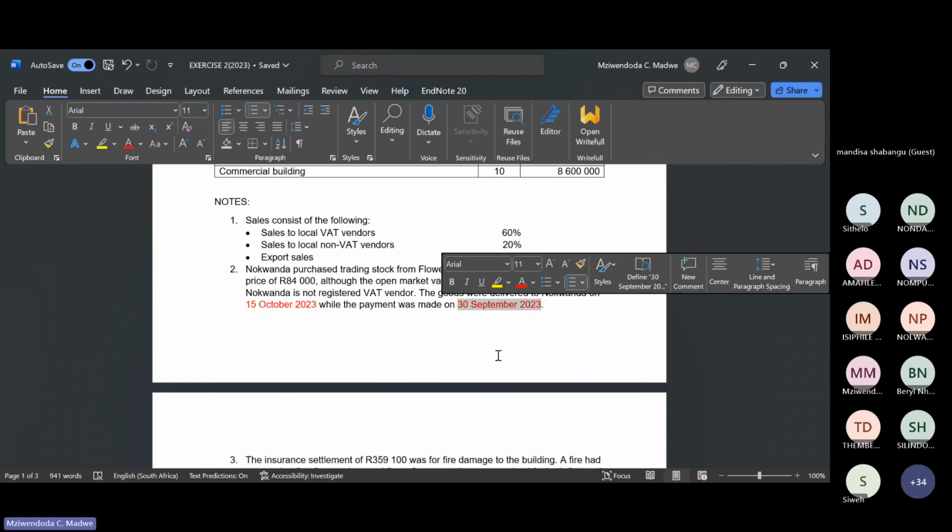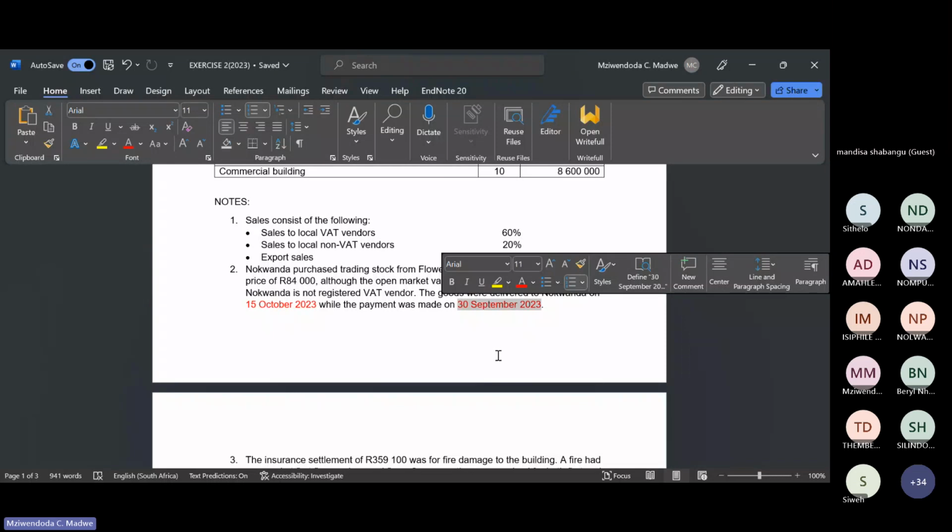Time of supply simply means that because I am given 2 dates, which date am I going to use, or when am I going to first start calculating VAT. Am I going to start on 30 September, or am I going to start on 15 October? That is the time of supply.